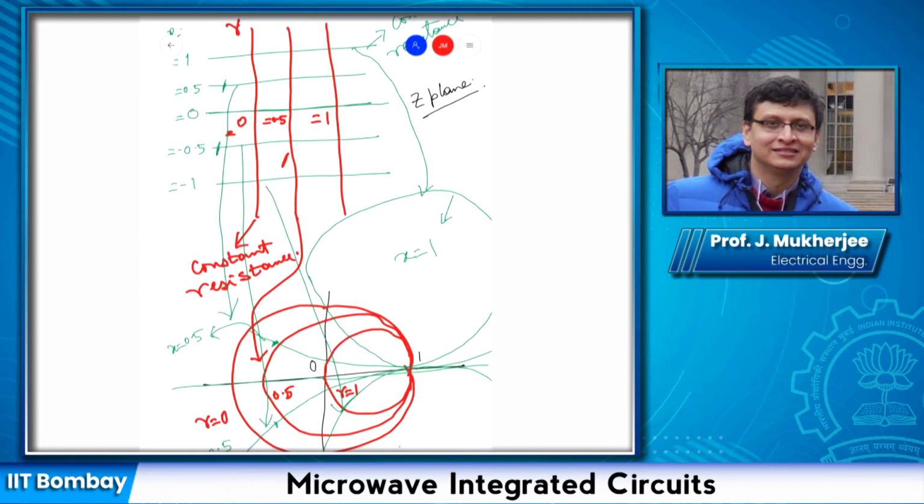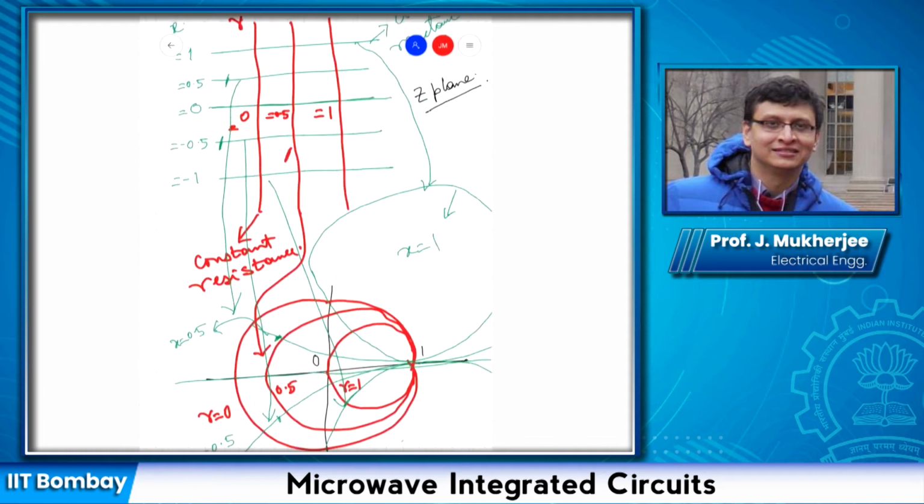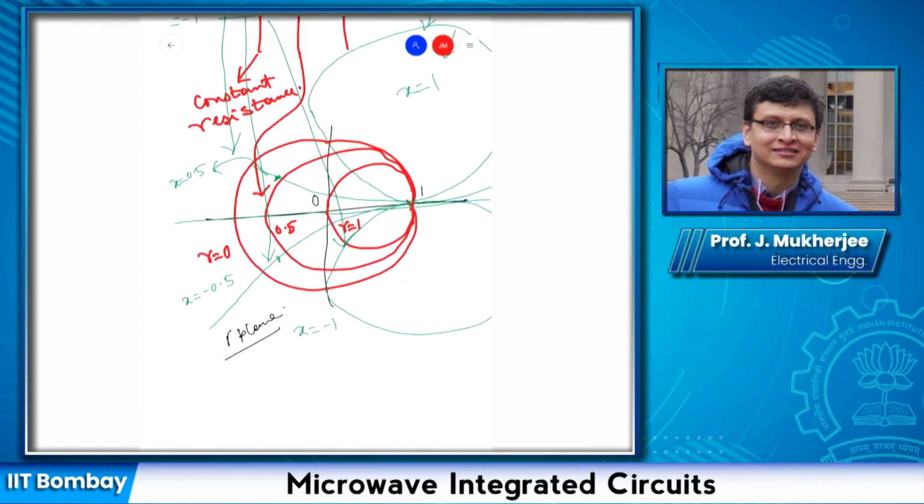Now one thing to note is, let me redraw the Smith chart. So this particular diagram with this outer circle having a radius of 1, this point is actually minus 1, 0. This point is 1, 0.